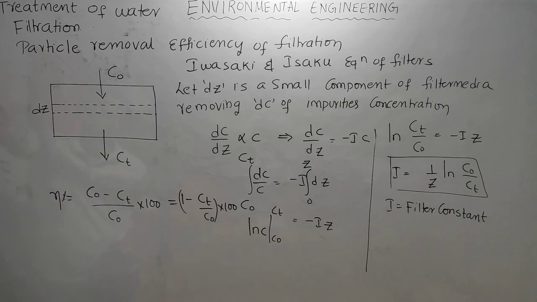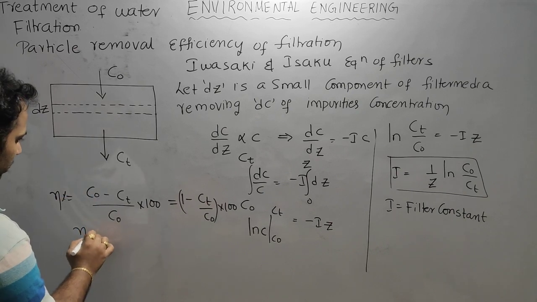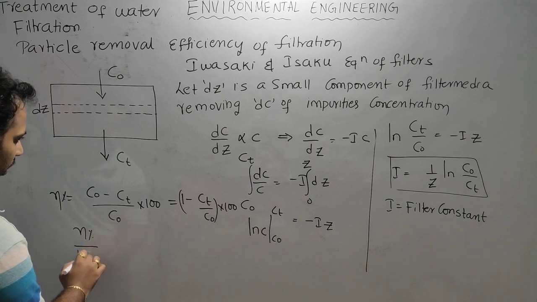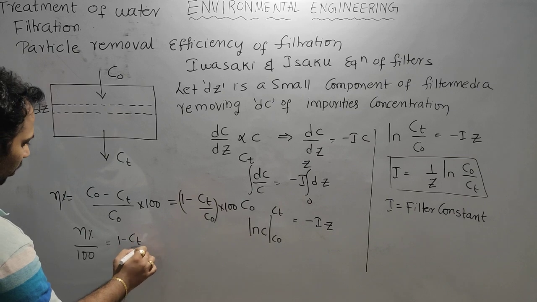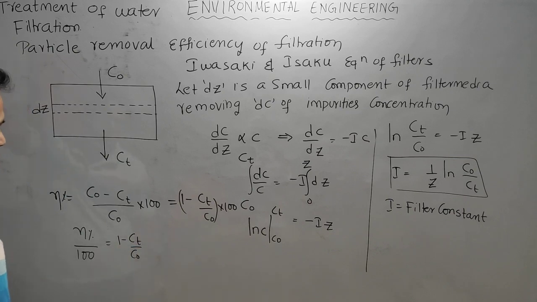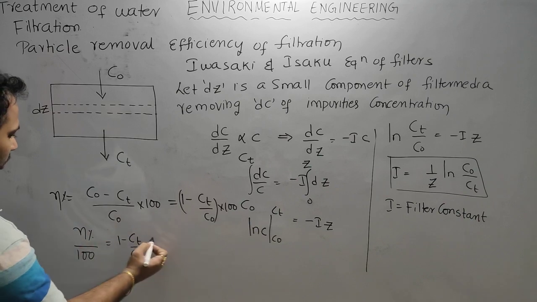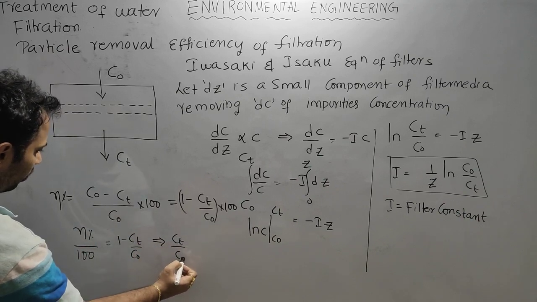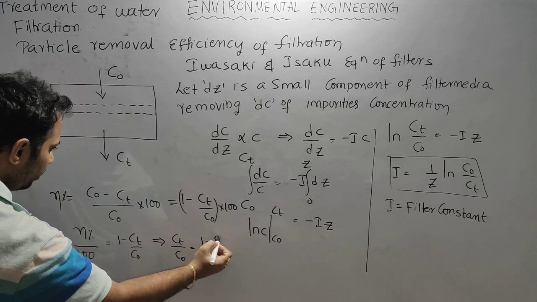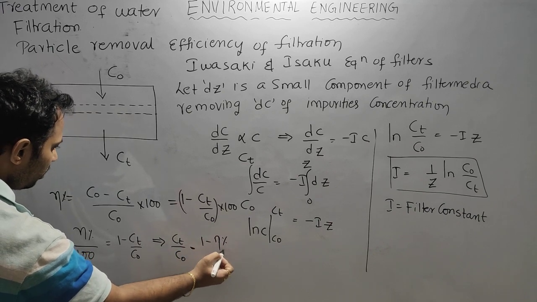Efficiency in percentage by 100 is equal to 1 minus Ct by C naught. So Ct by C naught is equal to 1 minus efficiency in percentage by 100.